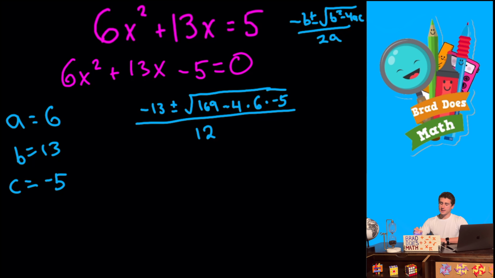Okay, let's clean up this stuff inside of the square root. So I would do the negative 4 times the negative 5 first to get positive 20, and 20 times 6 is 120. So inside of the square root, I have 169 plus 120, which is 289.